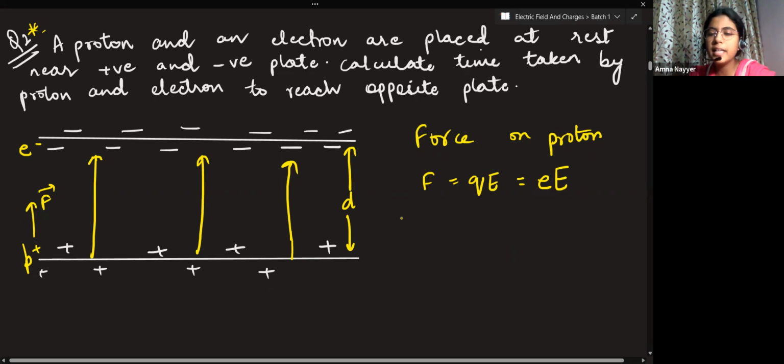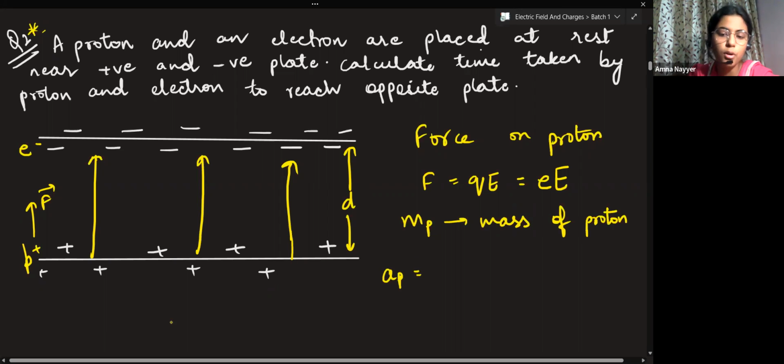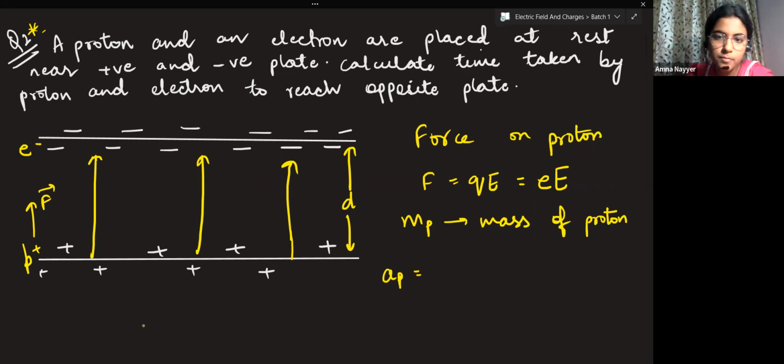Now see, let us take the mass of proton as mp. If you have mass and force, how do you relate it with acceleration? What will be the acceleration on the proton? F by m.